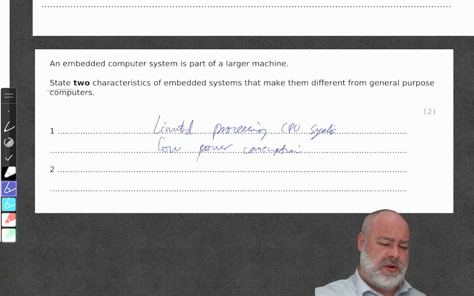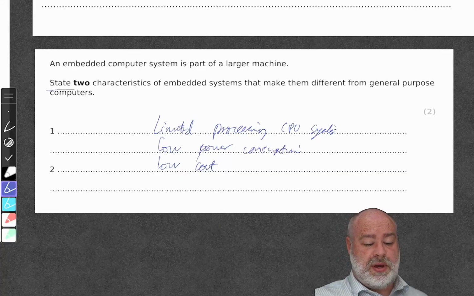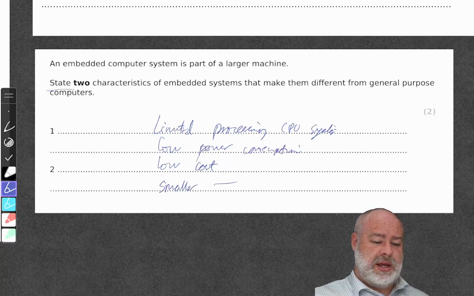You could have low cost, because they don't need expensive fancy CPUs, memory, or anything like that. They can be made at much lower cost. They're also a lot smaller in size, less storage. So there's a whole load of things you can say here.